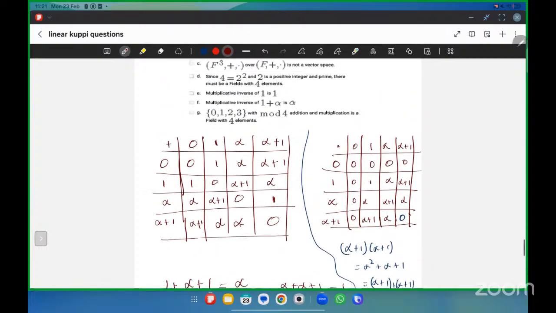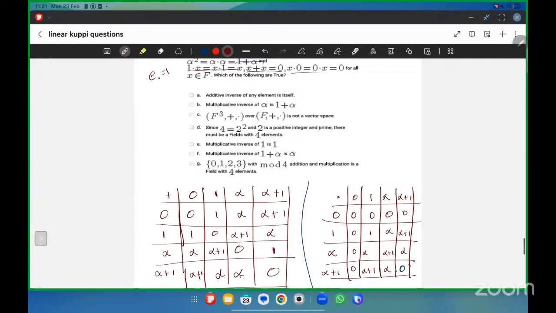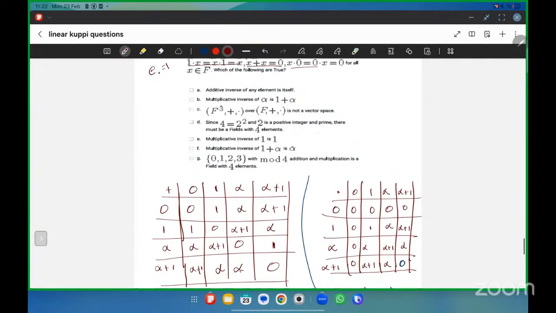So we fill the table and we can say the additive inverse of any element exists. The identity element is 0. For 1 it's 1, for alpha it's alpha, for alpha plus 1 it's alpha plus 1. So the first part is correct.